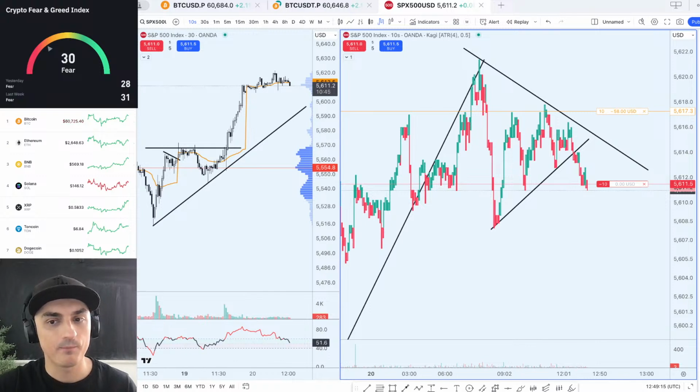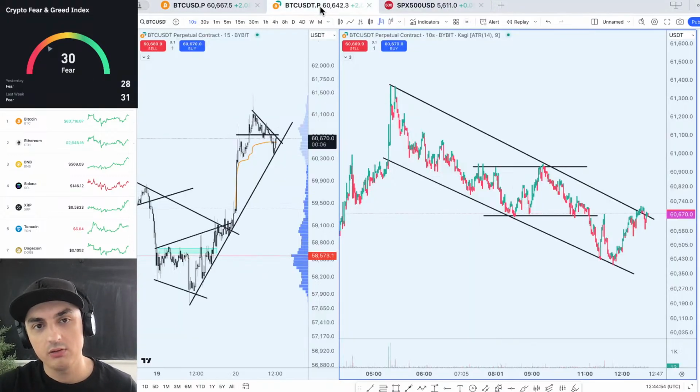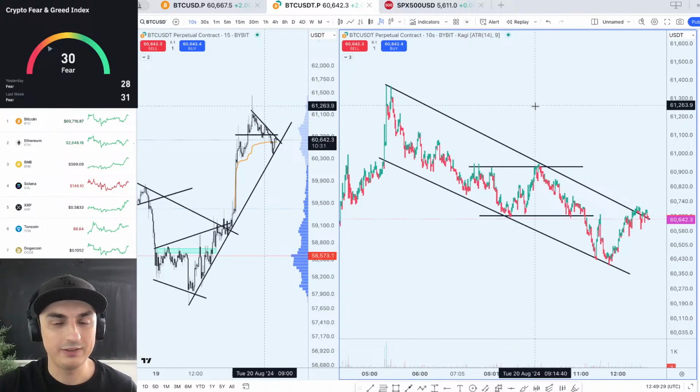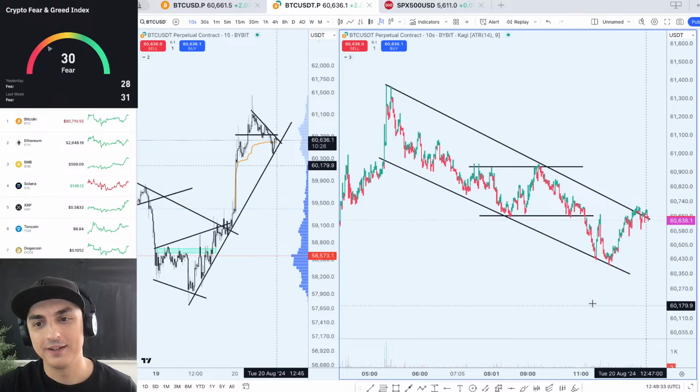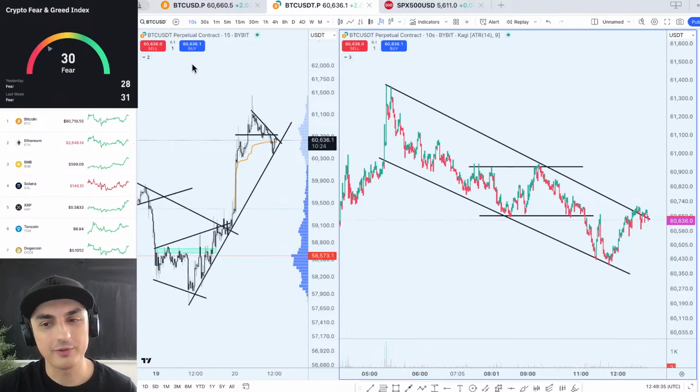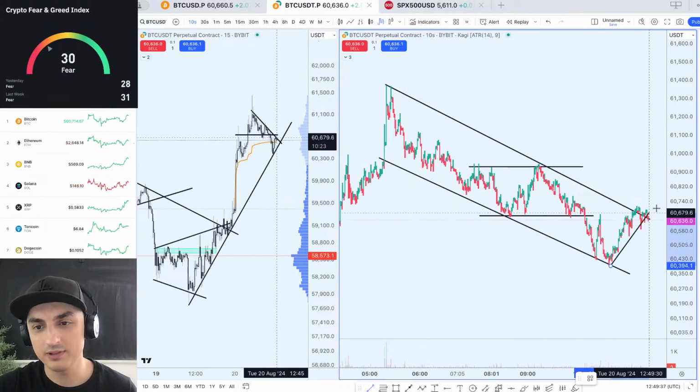So I don't think we're going to have any drastic moves during this print or during the day. So potentially going to be a slow market movement, and whatever is going to happen is going to happen. People say, market's going up until it's going down, right? So we just basically floating around 60K on Bitcoin.